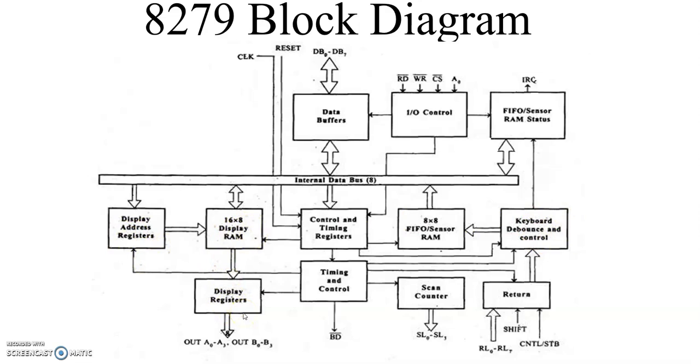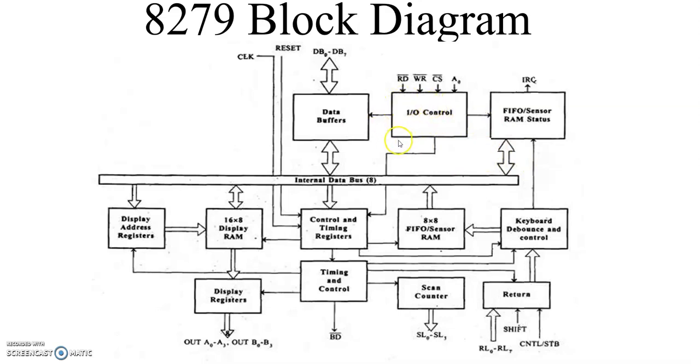Next, what is the use of this CPU interface and control section? Let us discuss one by one. First, what is the use of the I/O control and data buffer? The I/O control section controls the flow of data to and from the 8279.